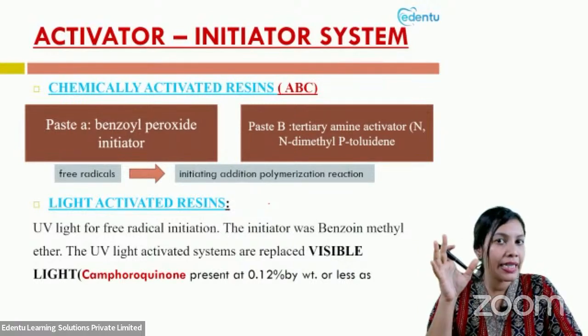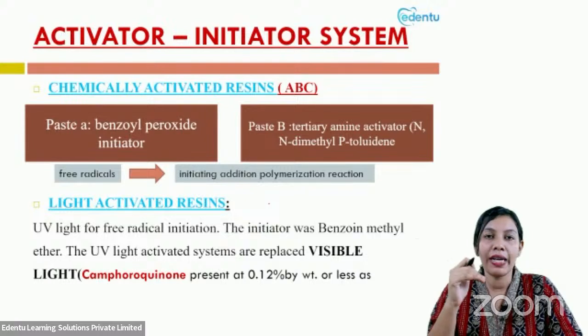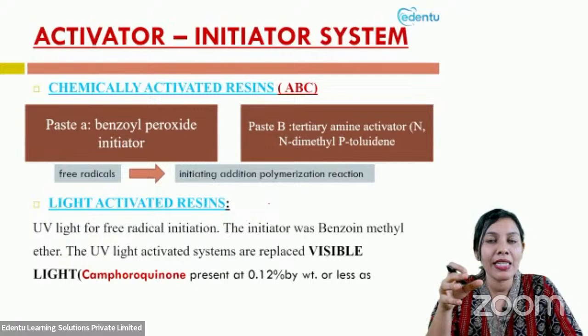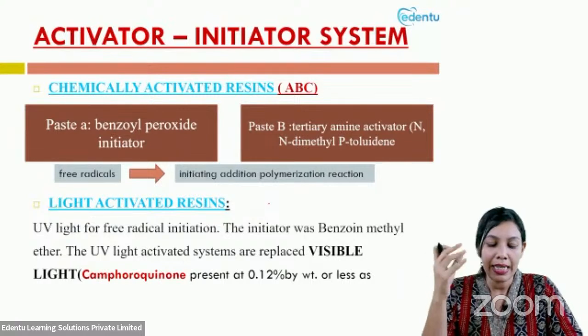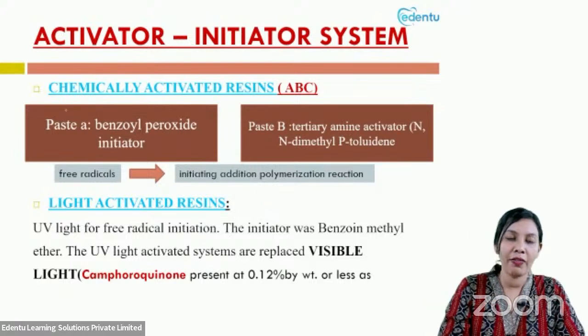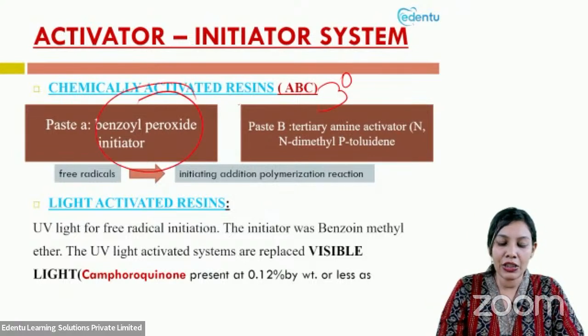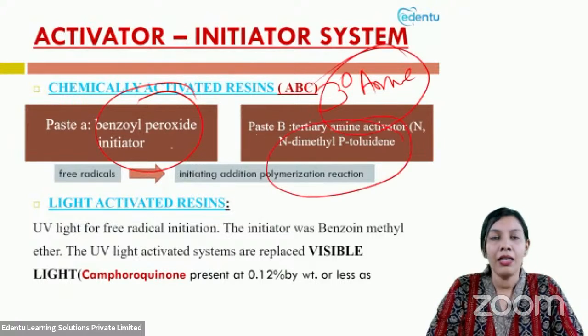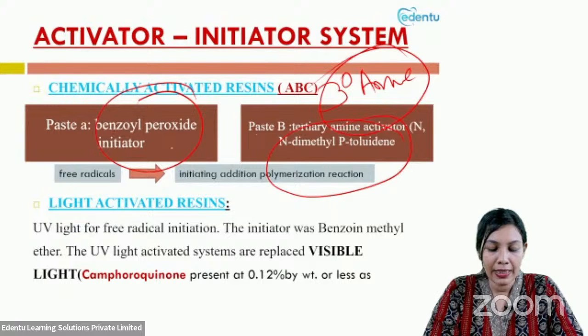Again, as we said in acrylic, here also we have the same substances, that is chemically activated resins and light activated. Chemically activated we already know. To activate the benzoyl peroxide, there is a need of a tertiary amine, which is para-toluidine.